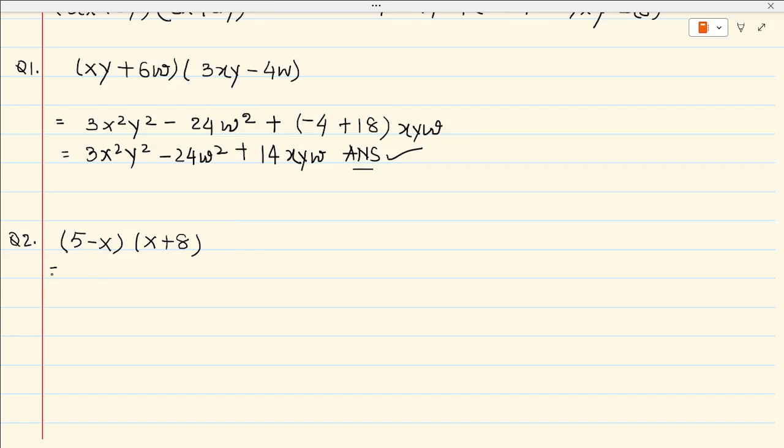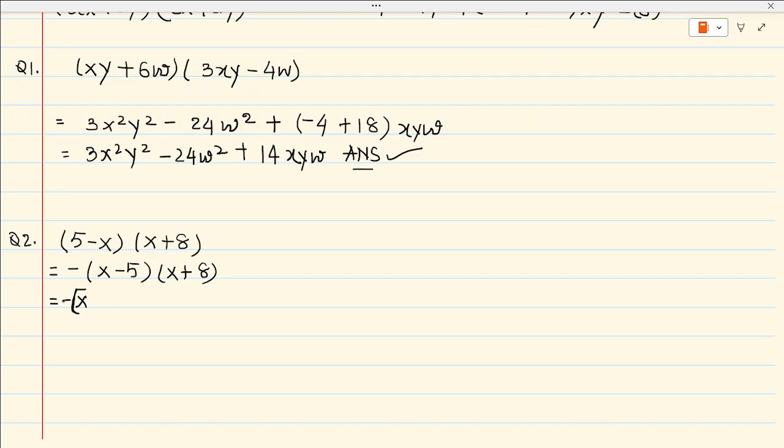How to make the form the same? Let us see. You can take the minus sign common, we can make it x minus 5 and x plus 8, correct?